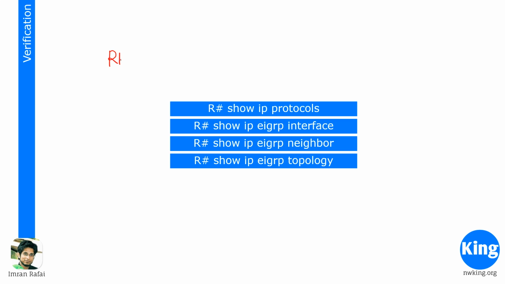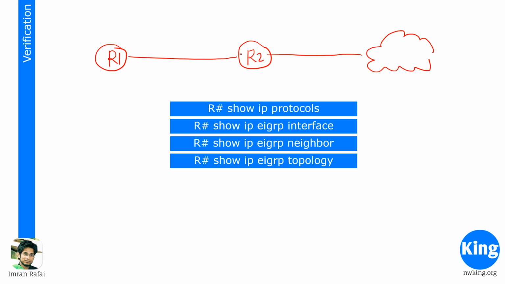So let's say there's a router 1, and then there is router 2, and there is the internet, right? Now what we do is normally from router 1 we, let's say, have a default route. So let's say I'll take another color.